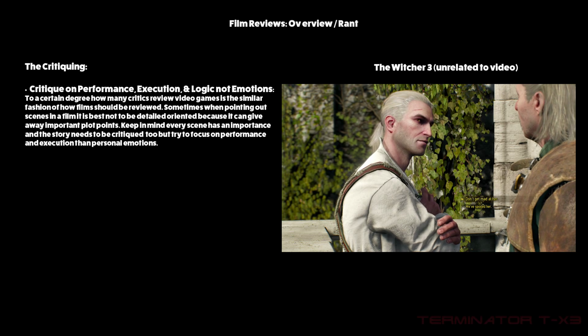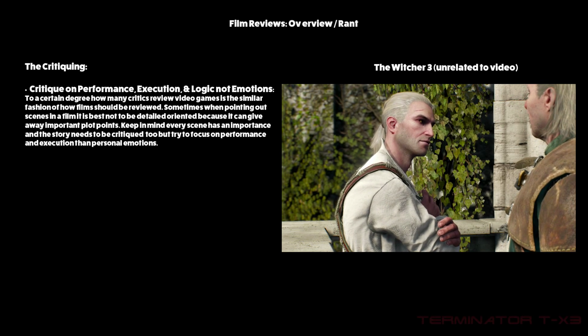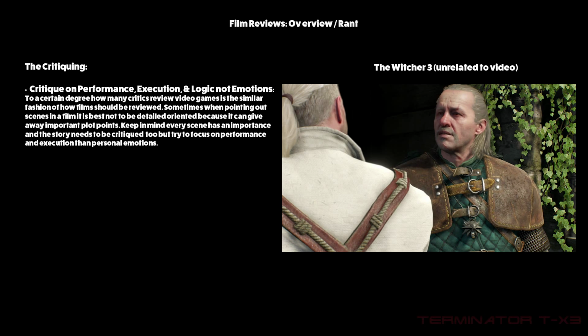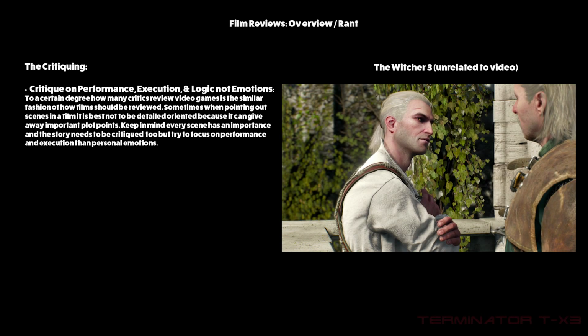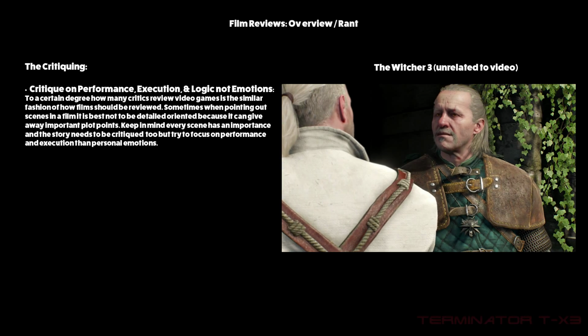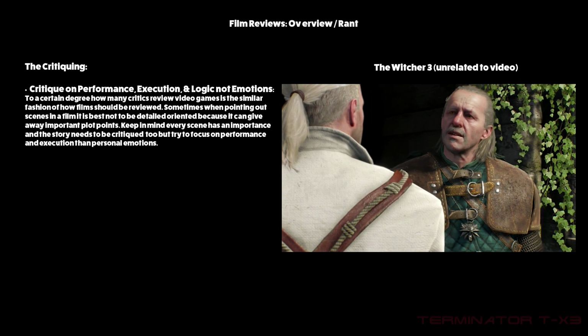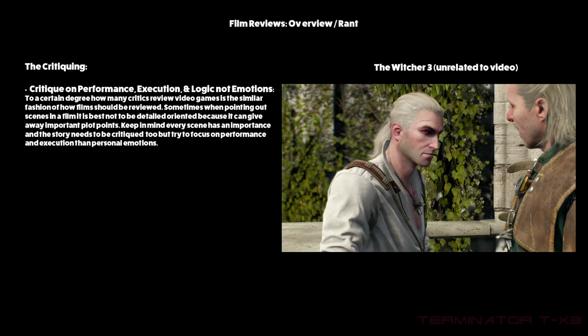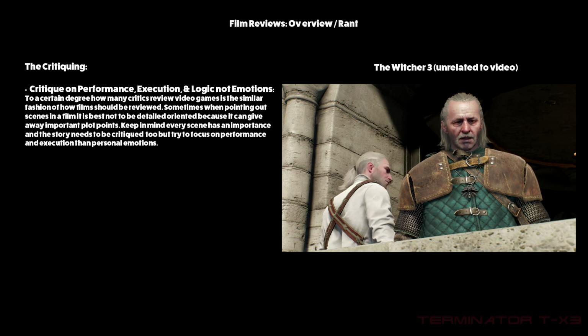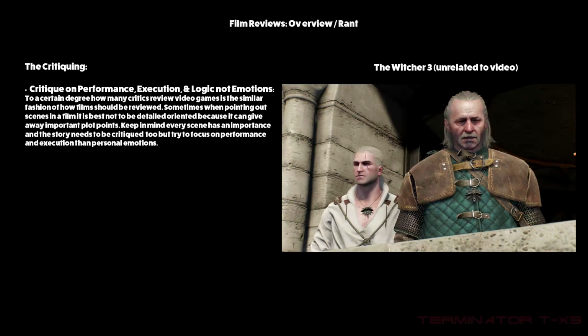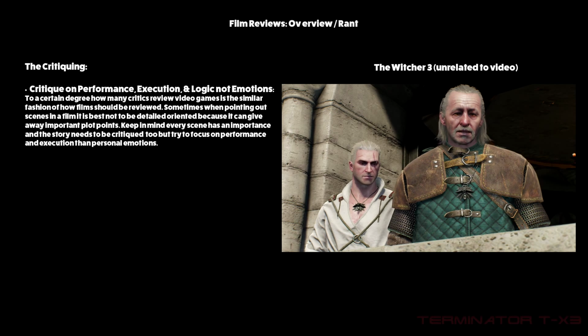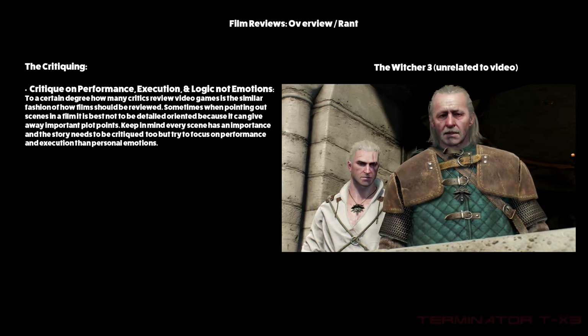Sometimes when pointing out a scene in a film, it's best not to be detail oriented because it can give away important plot points. Keep in mind every scene has an importance and the story needs to be critiqued too, but try not to focus on details and focus more on performances and execution than personal feelings or emotions.